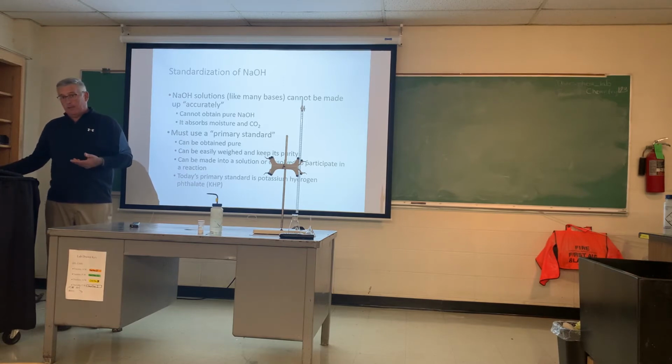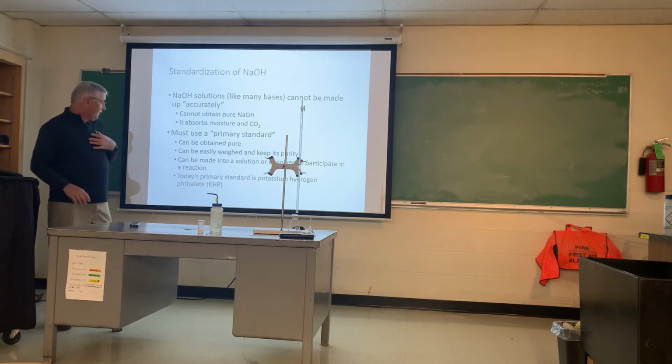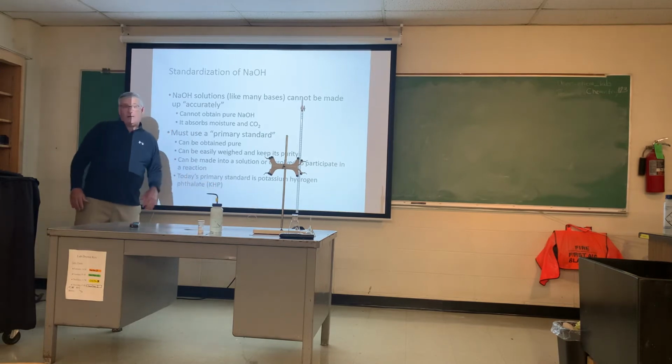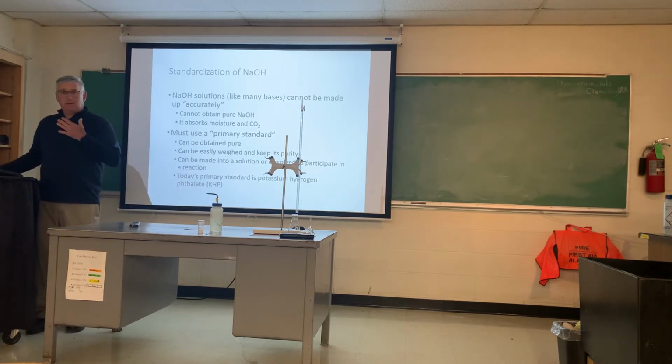KHP is the abbreviation that we use for it. Be careful because this is not potassium hydrogen phosphate, right, or phosphide. This is potassium hydrogen phthalate. That is an abbreviation. And it actually has a molecular weight of 204.23 grams per mole.